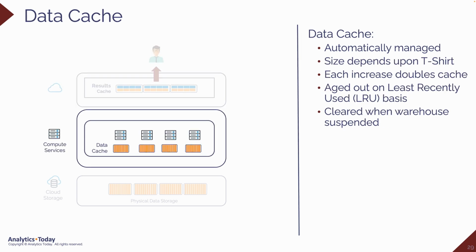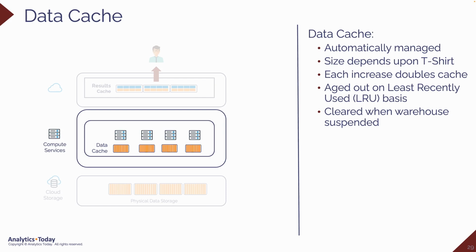The data cache is data read from the physical storage. Data read from physical storage is purely the columns needed, because Snowflake is a columnar database. Again, it's automatically managed. The overall size of that cache depends on the t-shirt size of the warehouse. In this, we've got 4 servers, so we've got 4 times the cache, and each increase in t-shirt size is going to double the cache size.